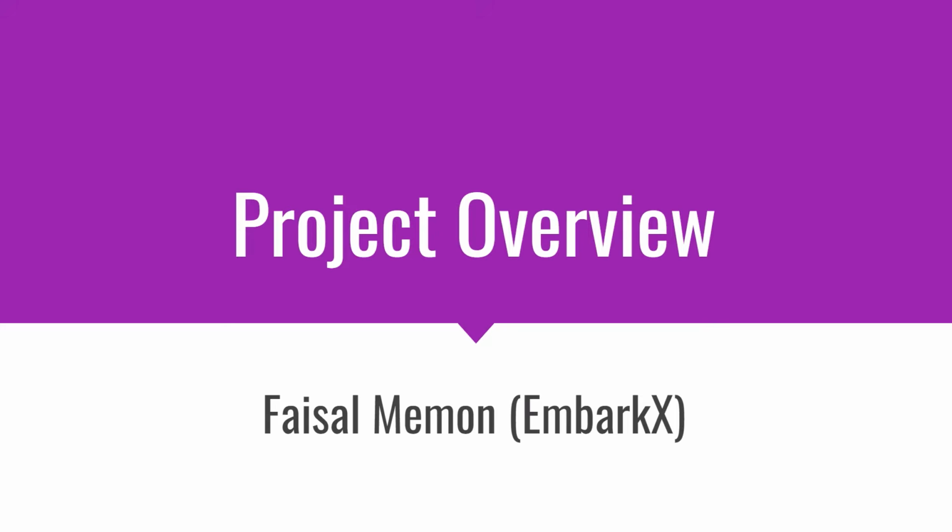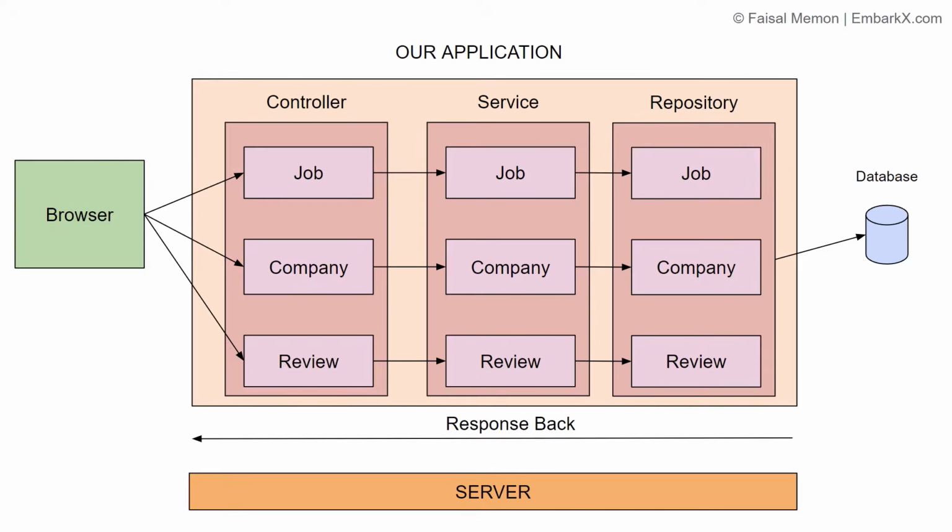So this is going to be about the overview of the project that we are going to build. So this is what we are going to architect and this is what we are going to write code for. So we are going to build a job application, all right, and this application will be responsible for managing jobs. Now, jobs will be posted by companies and companies will have reviews.